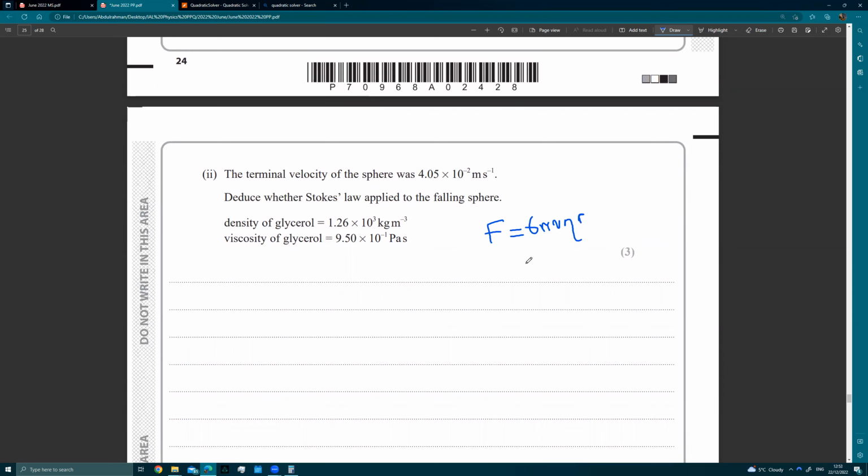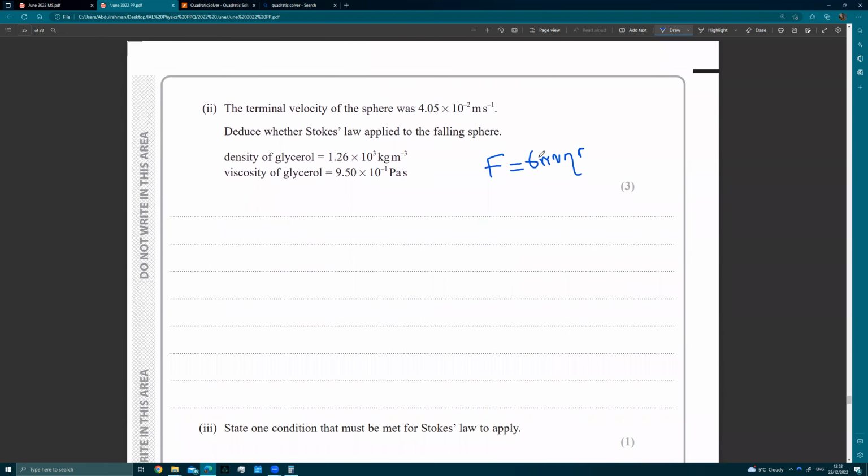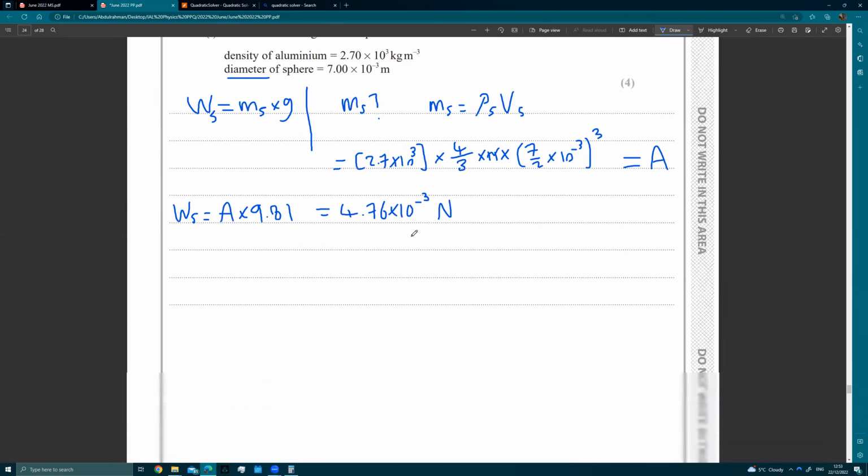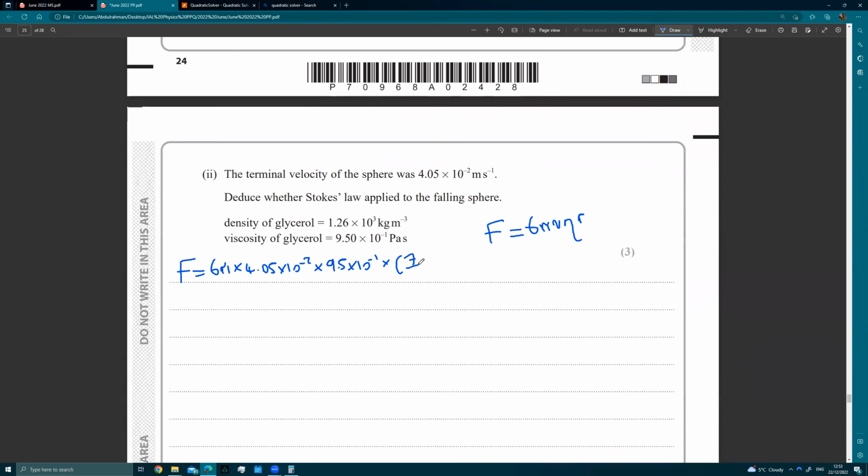So what we can do is work out this drag force. We'll start by working out this drag force using the values given. So F is equal to 6 pi times by 4.05 times by 10 to the minus 2 times by the viscosity, which is 9.5 times 10 to the minus 1 multiplied by the radius, which was 7/2, right, half the diameter, times 10 to the minus 3.